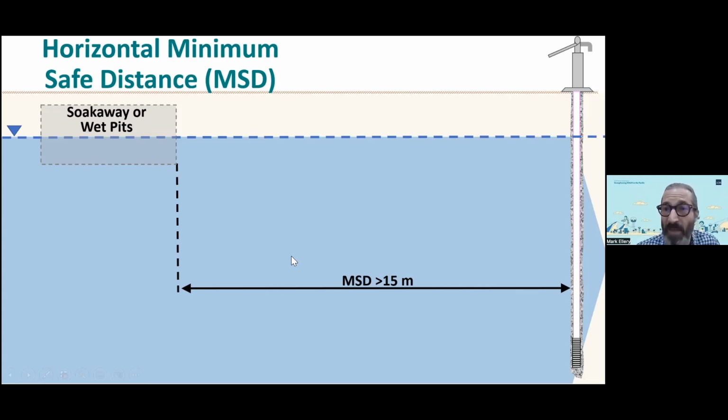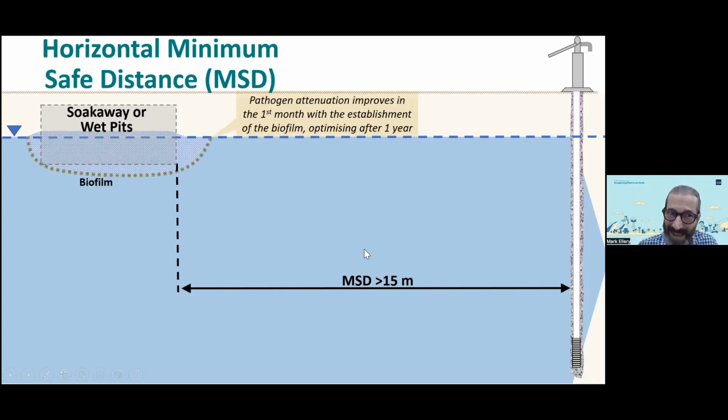And so what is that setback distance? The WHO has defined a guideline value of 15 meters. But again, where did this 15 meters come from? The 15 meters assumes, again, the establishment of a biofilm around the soakaway or the pits.